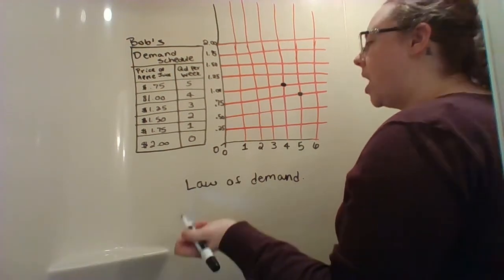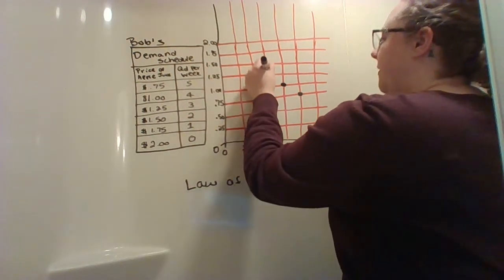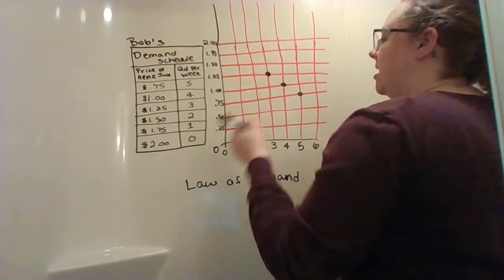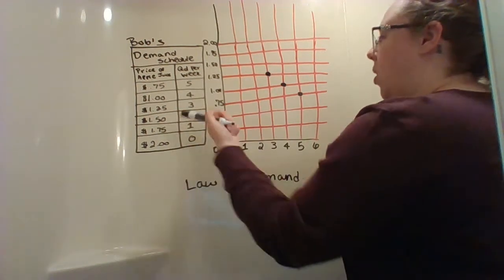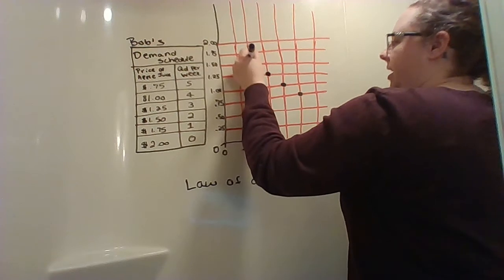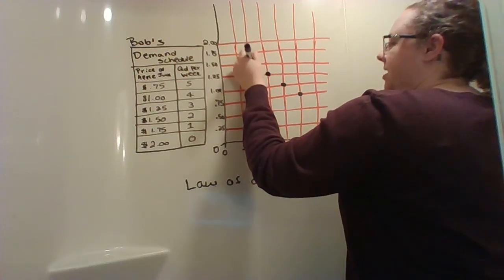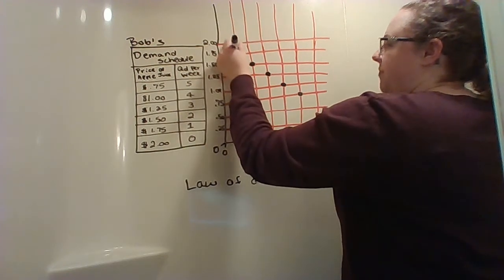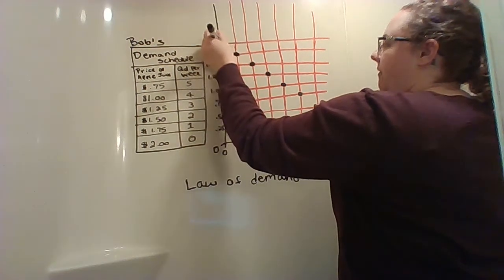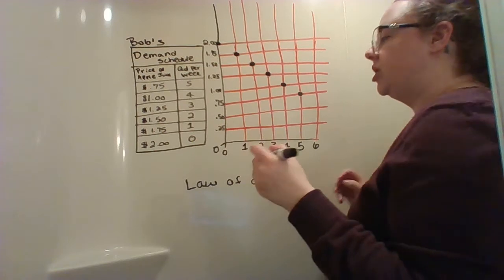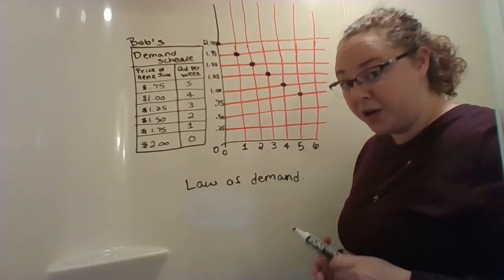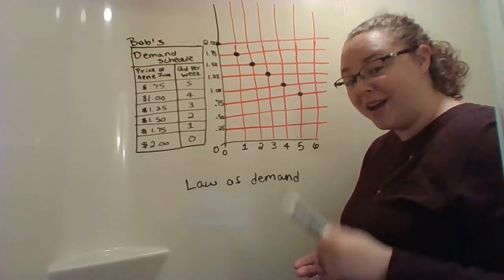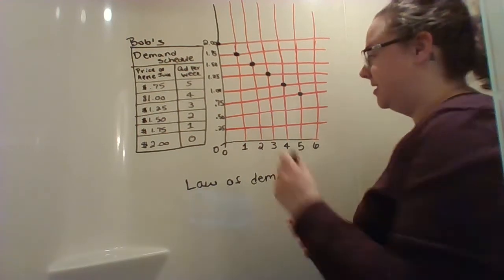I guess I can drink more water this week. $1.25, 3 right here. The next week, $1.50, only needs to buy 2, drinking more water because the price is increasing. And $1.75 and $2, we're off. The whole deal here is showing that when price tends to increase, quantity demanded tends to decrease.